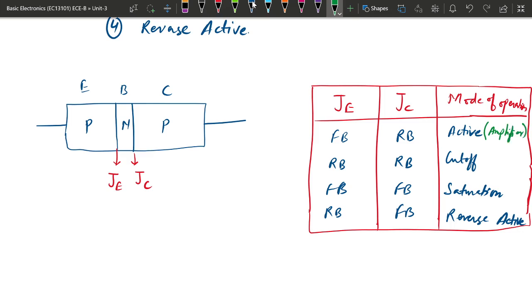If it is working in cutoff, it will be working as a switch, or basically off switch. If it is in saturation, it will be working as on switch. So this is the basic mode of operation of BJTs.